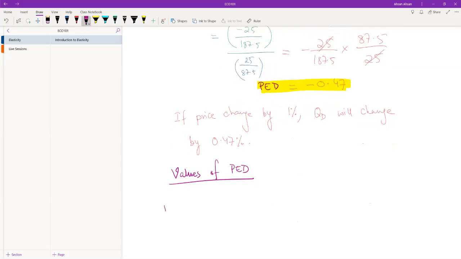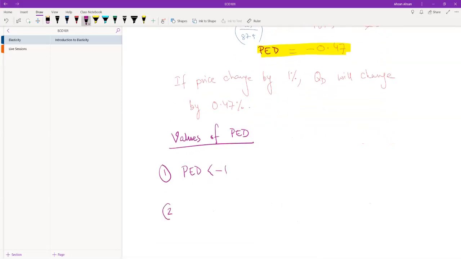Okay. PED can be less than -1. PED can be between 0 and -1.